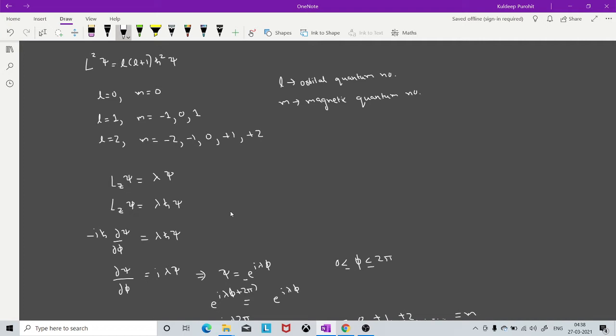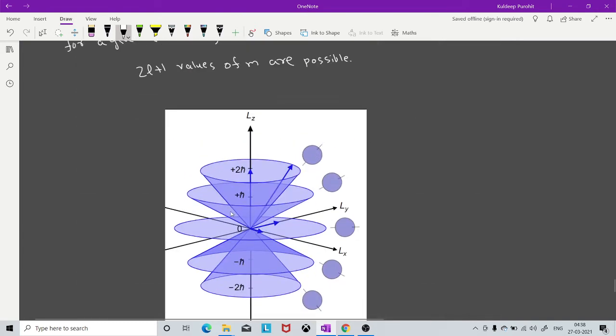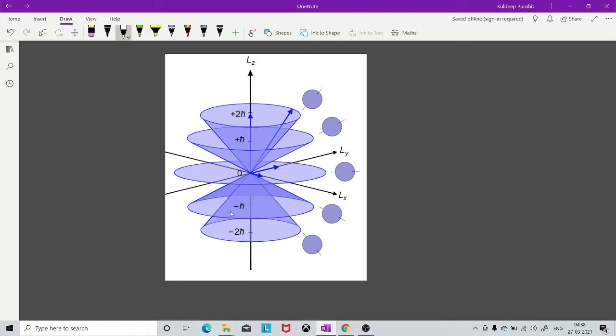This is how this looks. The figure which you are seeing is for L is equal to 2. So for L is equal to 2, you know that there are 5 possible values of m, which are plus 2, plus 1, 0, minus 1, and minus 2.